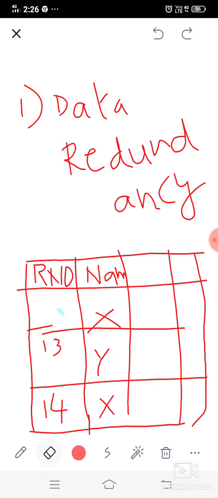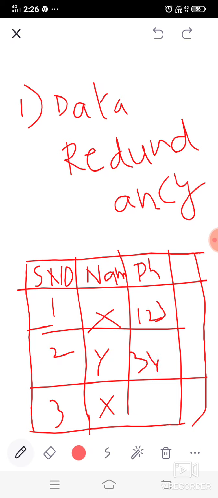Or else you can take a serial number, 1, 2, 3, and the next one is the phone number, something like 123, and something like 345.